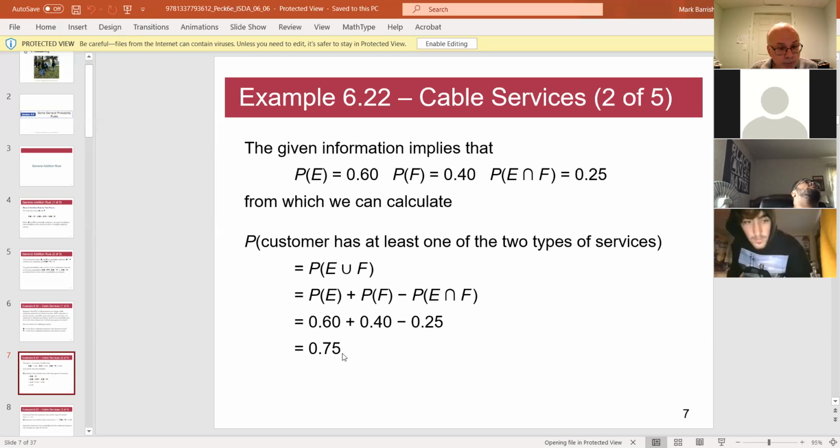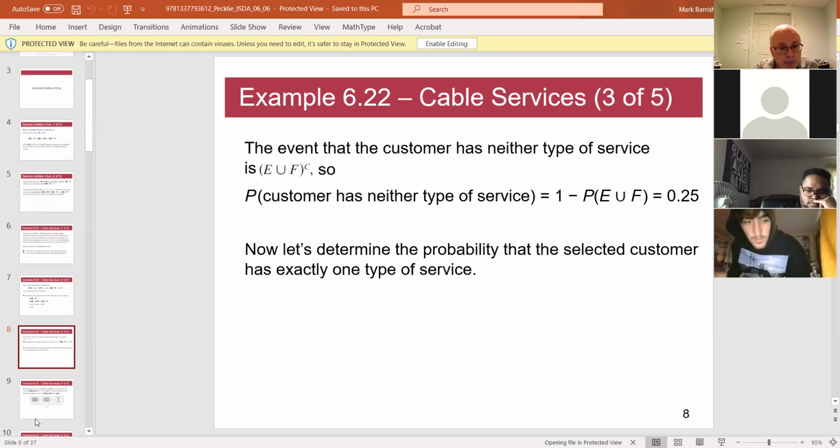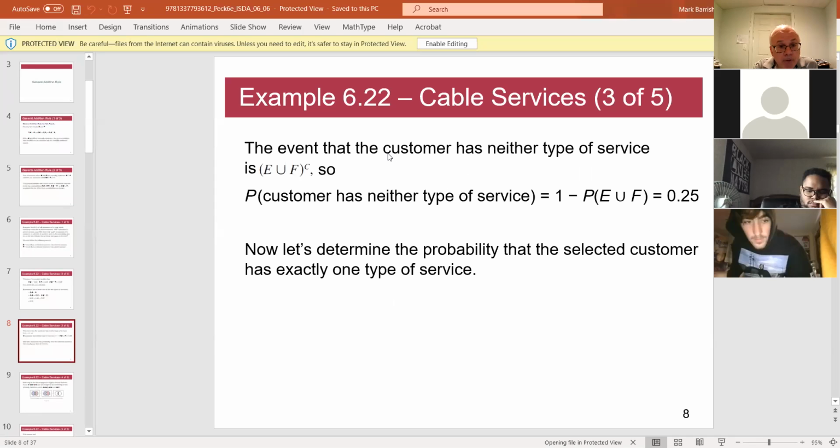Now, what is this telling you? There must be more than two types of services, right? Customers have at least one of these two types, but there's only a 75% chance. That means there's a 25% chance that there are more types of services. The event that the customer has neither type of service would be 25%.